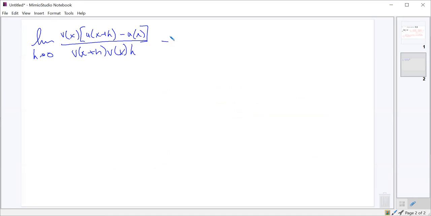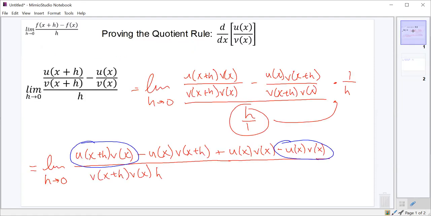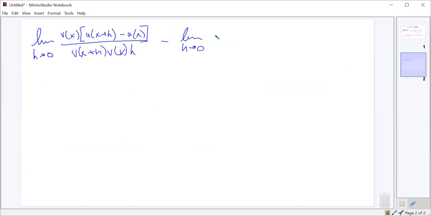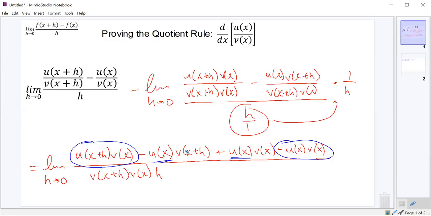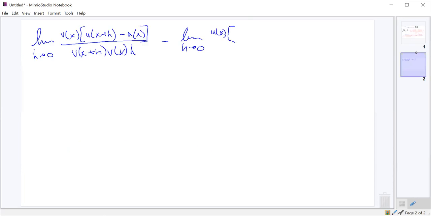And then we're going to factor out a -1 from the other two terms, as well as the common term there, which is u of x. So if I factor out a u of x, I'm going to get a limit as h approaches 0 of u of x, and then times whatever's left, well, of v of x plus h, and then we factor out a -1, so minus a v of x. And that's all over v of x plus h times v of x times h.